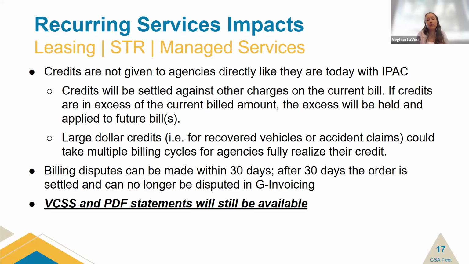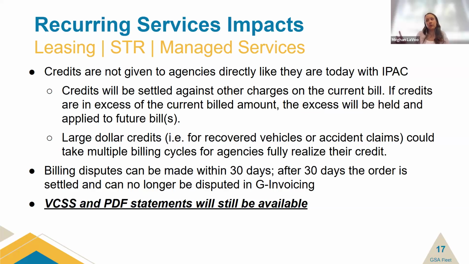We've had questions from folks about what they can expect to see on the G-invoicing transaction, what level of detail, and it's very minimal, to be honest. It's very similar to IPAC today. The way I like to describe it is, imagine you go to the grocery store and buy $100 in groceries. You put it on your credit card. When you get your credit card bill, you see the store's name and you see $100. You don't really see any other details.